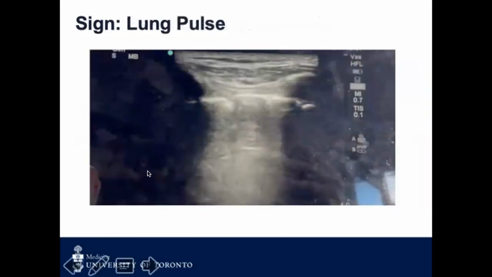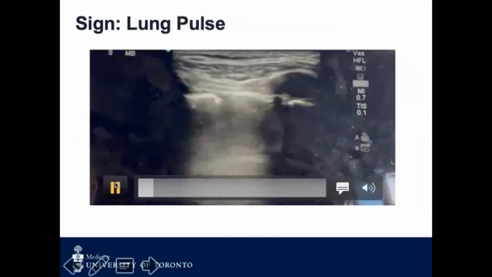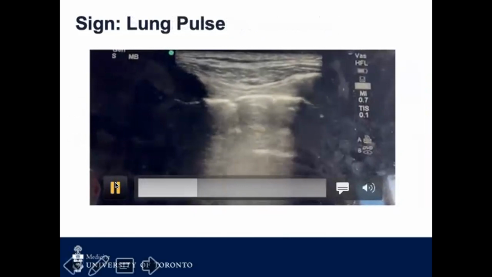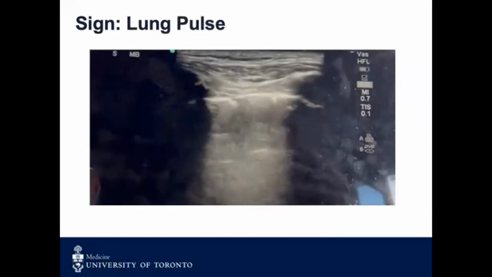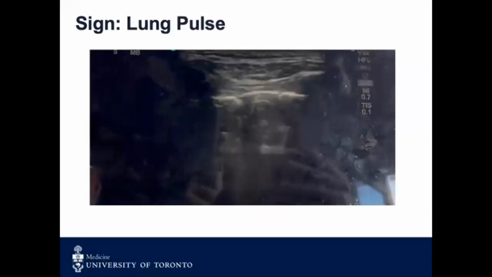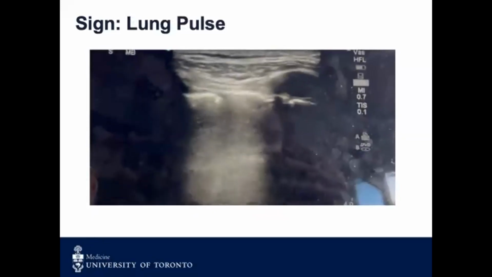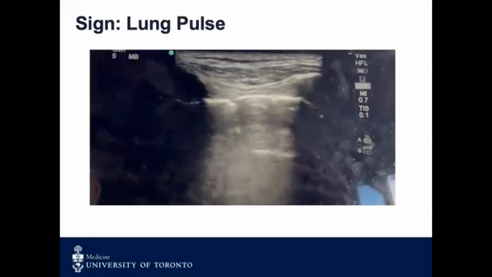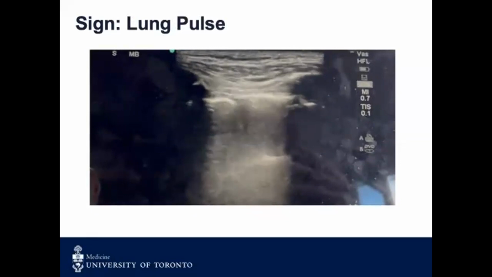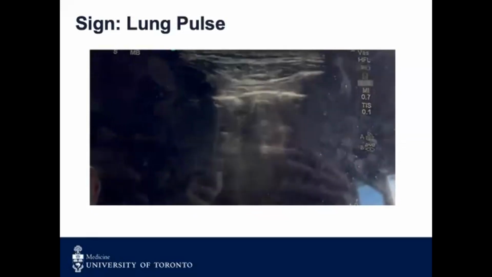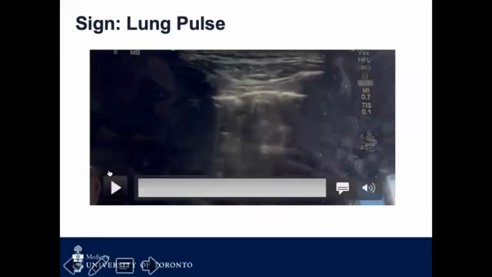Another finding we're going to talk about is lung pulse. Lung pulse is synchronized movement of the lung, and this pulse is reverberations from the heart. Depending on where you are scanning, this may be bigger or smaller. Here in this picture, you can see the patient's breathing, but in between those breaths, you can see pulsations.